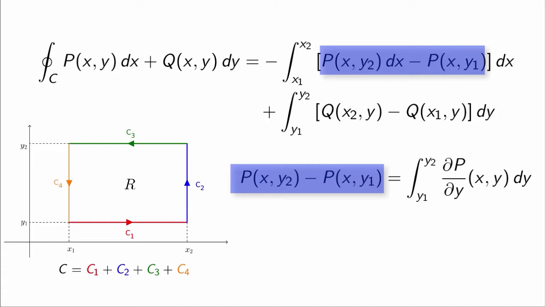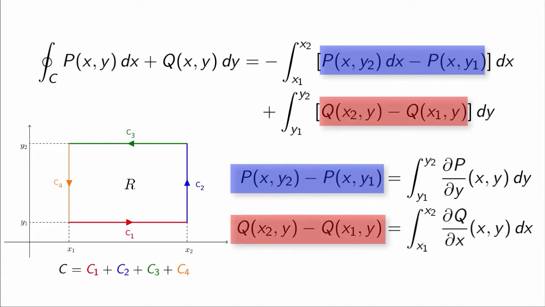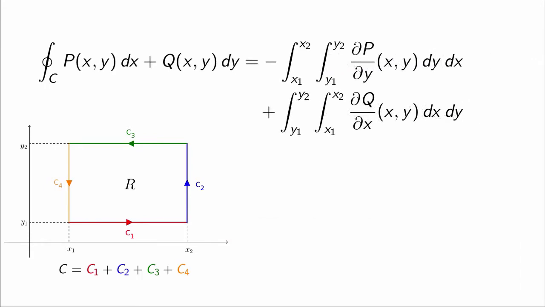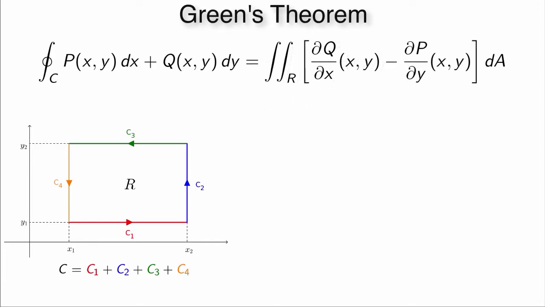Similarly, for each fixed value of y, we can express the difference q of x2, y minus q of x1, y as the definite integral with respect to x of dq by dx. Replacing these expressions, we obtain two iterated double integrals, both of which are just double integrals over the whole rectangle. Combining these integrals, we obtain the formula for Green's theorem.